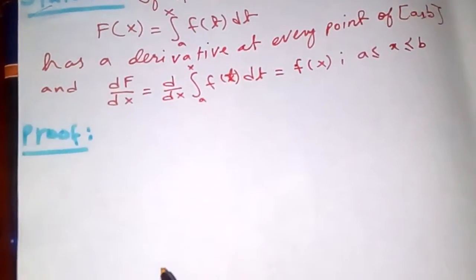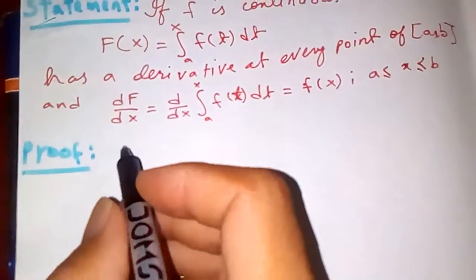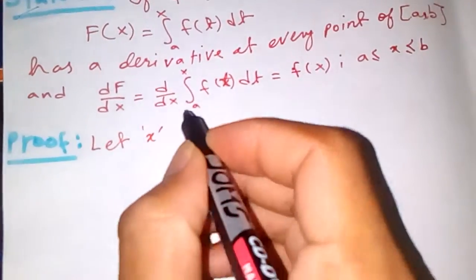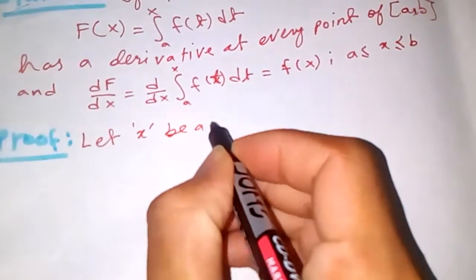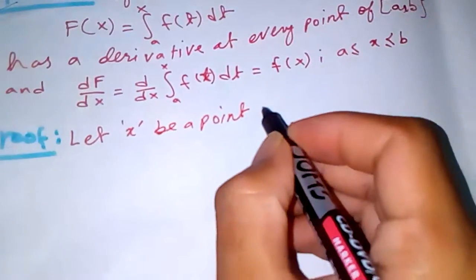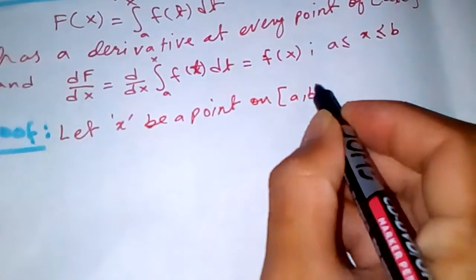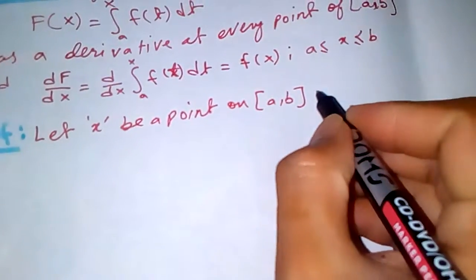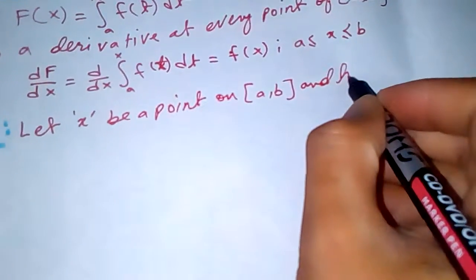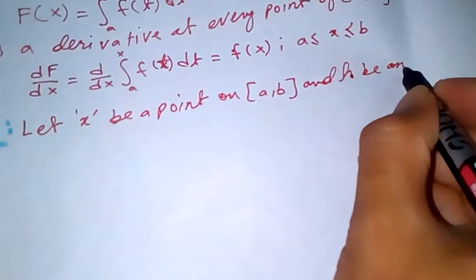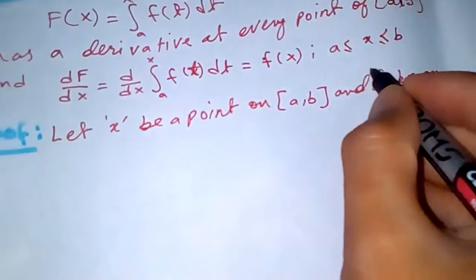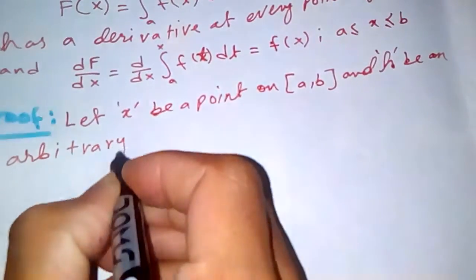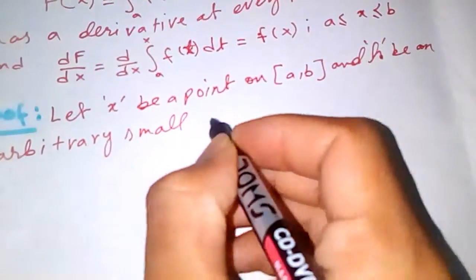Let's try to prove this. Let x be a point on [a, b]. That means let x be a point between a and b in the closed interval, and let h be an arbitrary small real number.